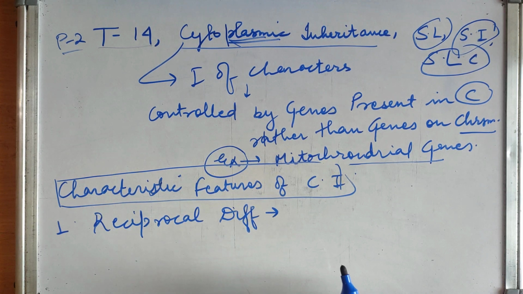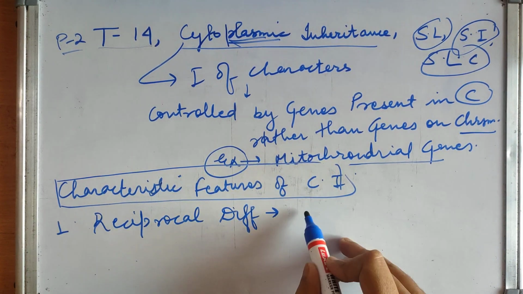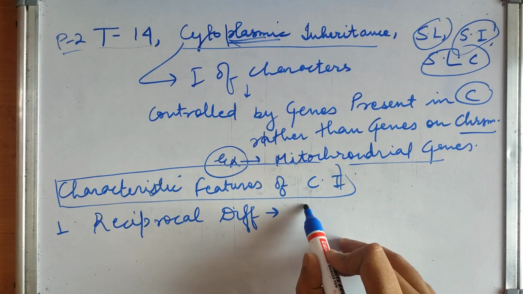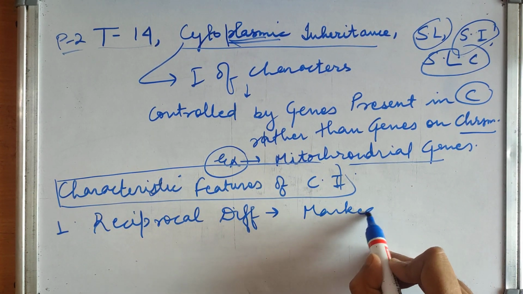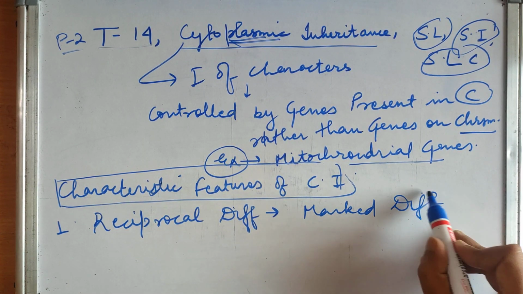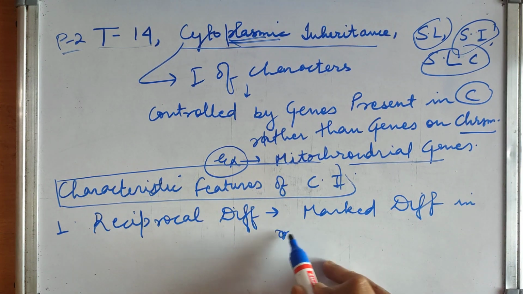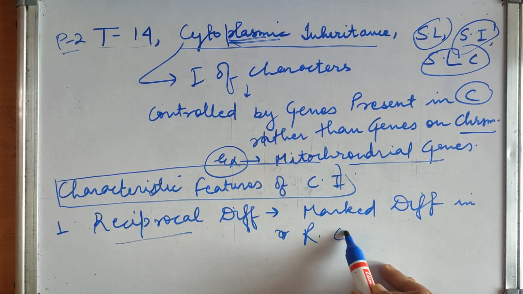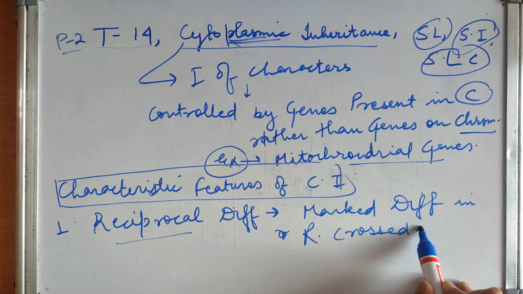The characters which are governed by cytoplasmic inheritance invariably exhibit marked difference in reciprocal crosses in F1.